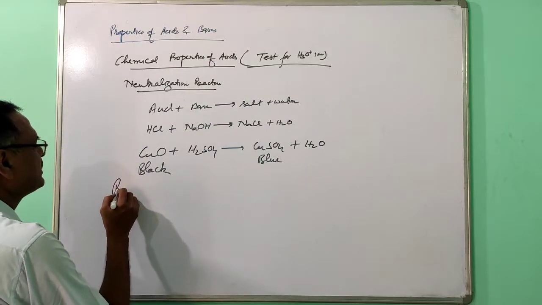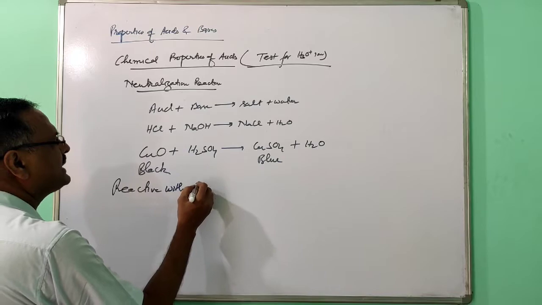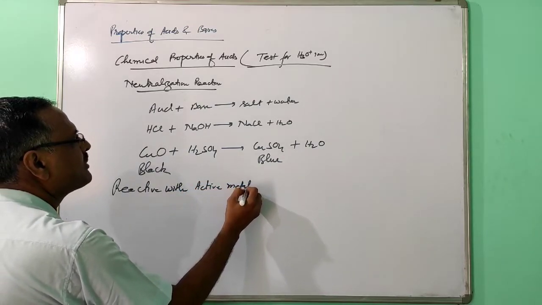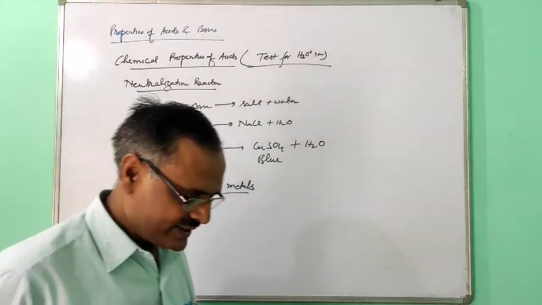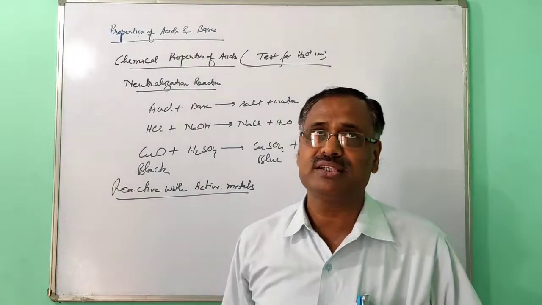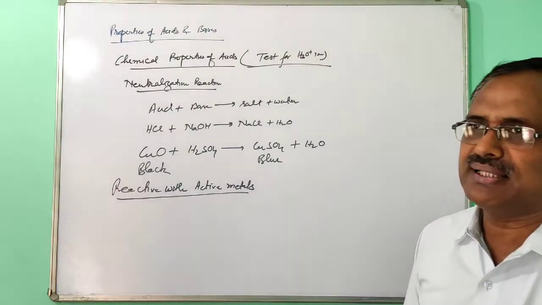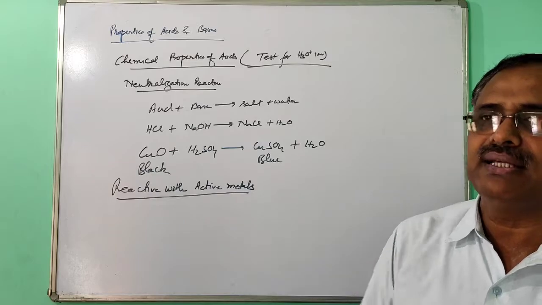Next one is reaction with active metals. Just see in this chapter, in your board paper, they are asking 5 mark questions, name the gas released, and they are asking the observation. So it is very important, whatever reaction you study, to see what will be the possible observation.